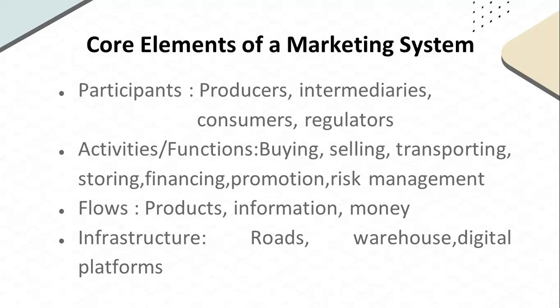Do you agree with me? Because based on the consumer's feedback, producers can decide whether to improve the product, whether to change the product, or whatever the activities that can be done for the product, right? So information is moving both ways, from the producer to consumer and also from the consumer to the producer, right?